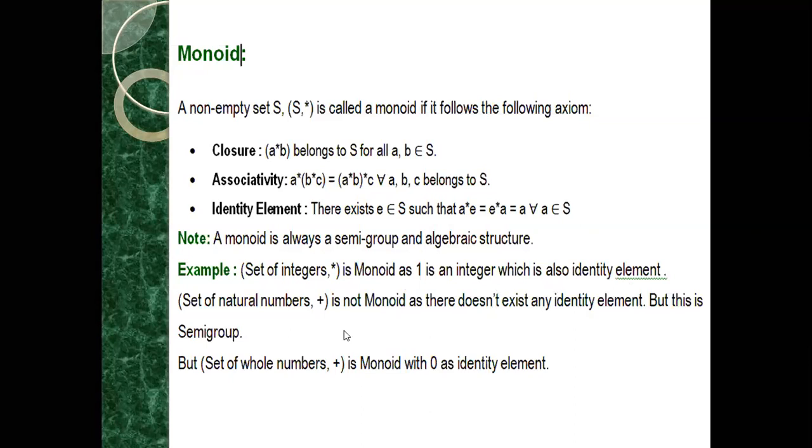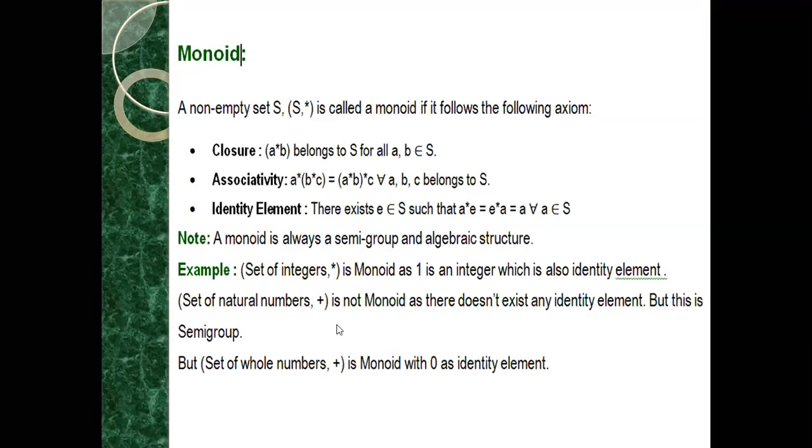The set of natural numbers with binary operation plus is not a monoid, because there doesn't exist any identity element under plus. So identity element means, if we take 5, 5 belongs to N. We discuss the natural number set.